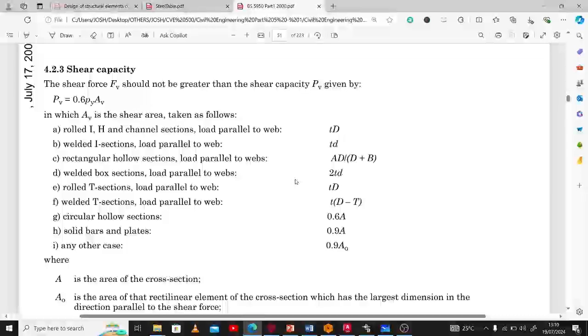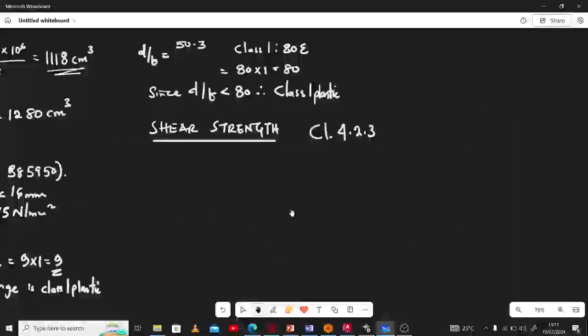Now the shear force FV, which we obtained earlier while we started this design, should not be greater than the shear capacity PV. And the PV is given by 0.6 py AV, where AV is taken as t multiplied by D for rolled I, H and channel sections, load parallel to web. Okay, so putting that to action, let's calculate.